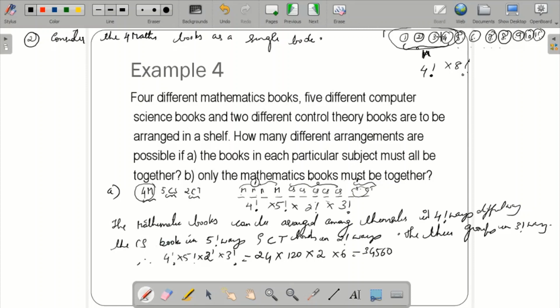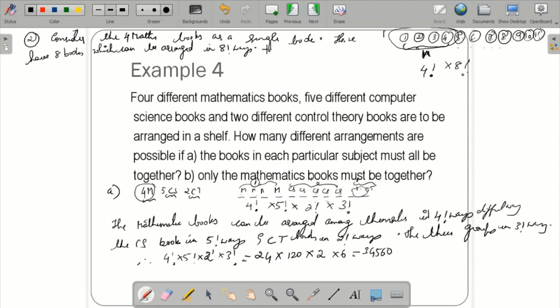If you take this as a single book, then remaining 7 plus this as 8, so then we have 8 books which can be arranged in 8 factorial ways.